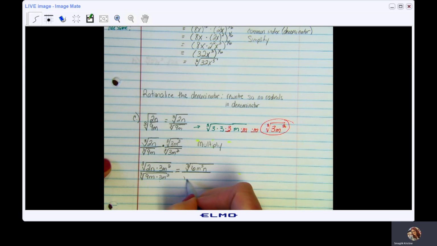Now in the denominator, let's just go ahead and we'll do this all the way. 9 times 3 is 27. M times m squared is m to the third.